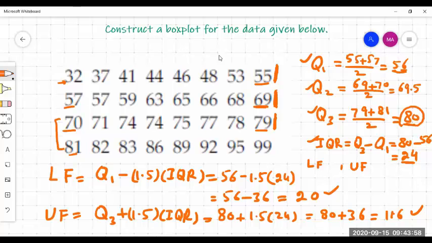Now we have all these values, and we can quickly construct this graph here, right? So let me move this slide up a little bit, and then I'll draw the graph. Remember these Q1, Q2, Q3 values.